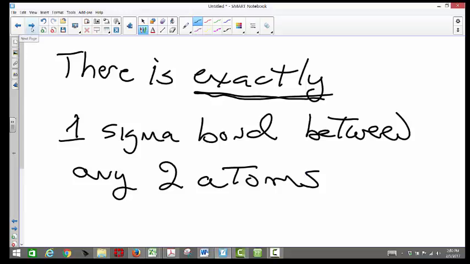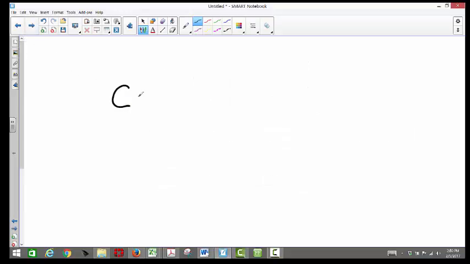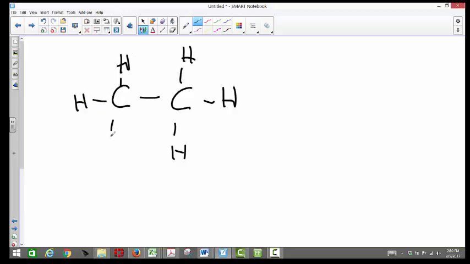So if I said to you ethane, C, C, H, H, H, H, H, H, every one of these bonds is a sigma bond. That's the Greek sigma right there. If you want to see that on your computer screen, it's an S in symbol font. It's called a sigma. And there's one in between everything, which is all very well and good until we think about double bonds or triple bonds.